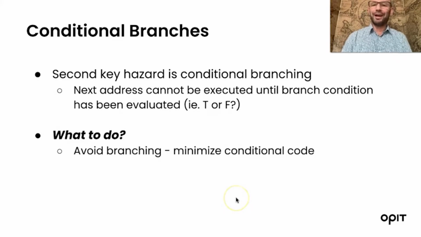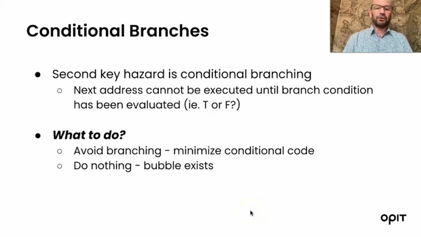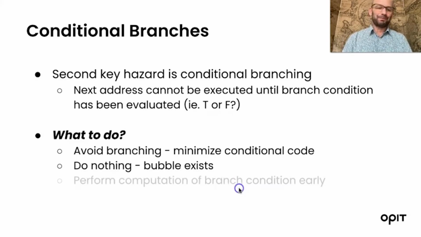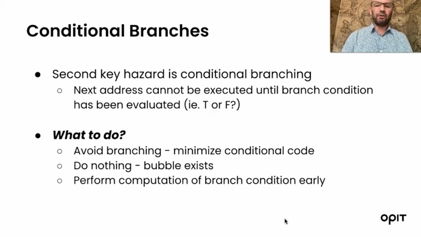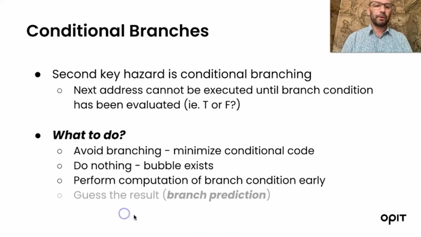We want to avoid branching. The idea here is to minimize conditional code as much as possible, because this will slow down processor optimization. We could also do nothing, but then a bubble exists. We can also perform the computation of the branch condition early, so therefore not having as much of a backup or a hold up while we're waiting for that condition to be determined, whether it be true or false.